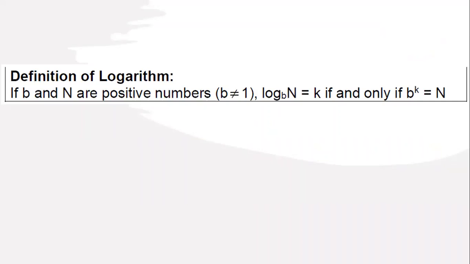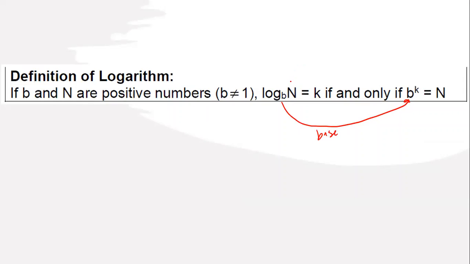So the definition of the logarithm is saying that if b and n are positive numbers, okay, and notice that b cannot be 1. So you cannot have a base of 1. Then, therefore, you can take your log and you can make it into an exponential. Notice that the base of the log is going to be the base of your exponential.